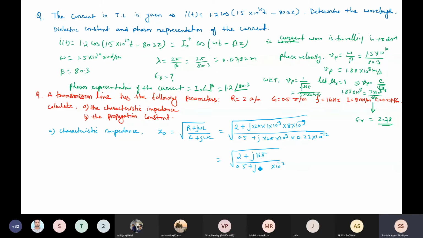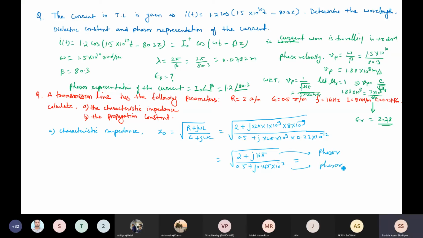So try to solve and you will get to know the value. Then just convert it into phasor form.